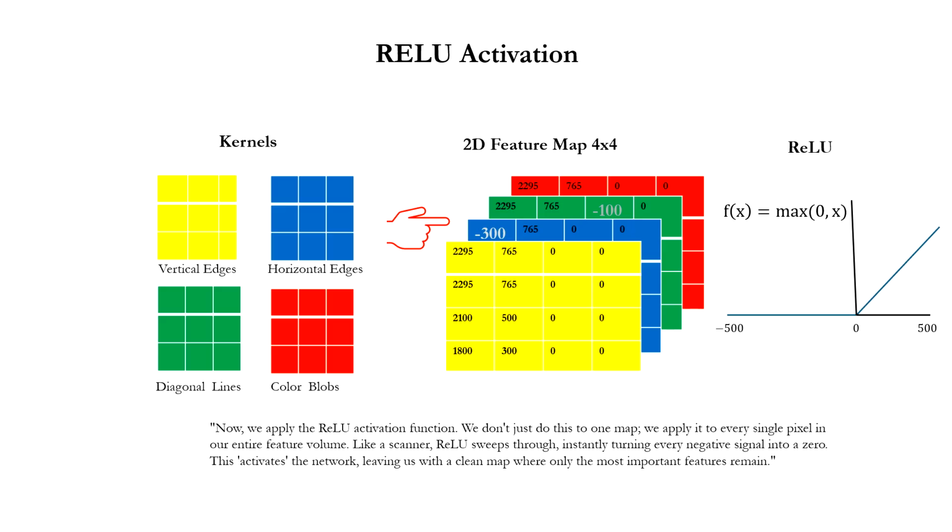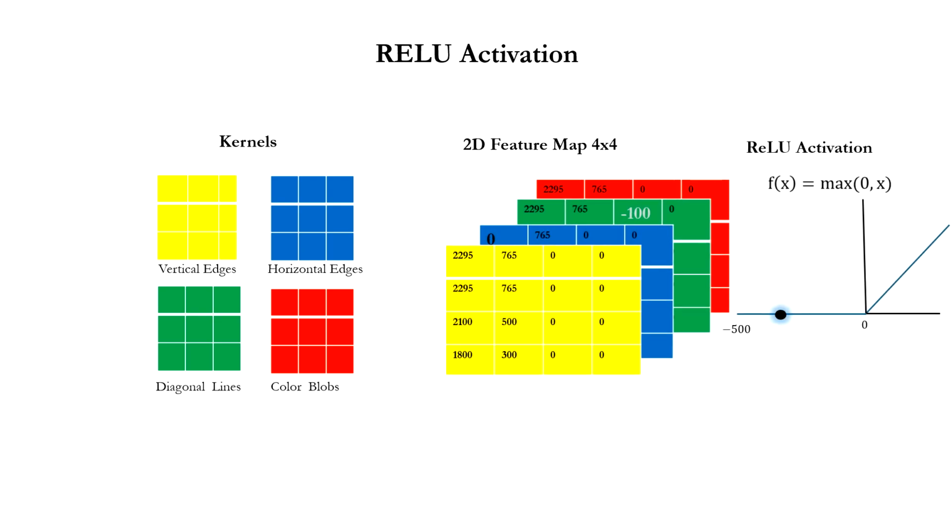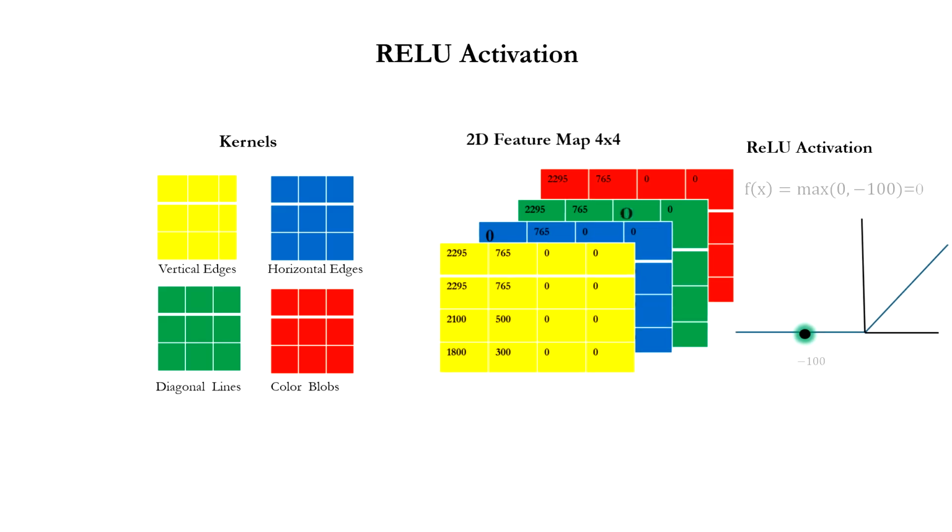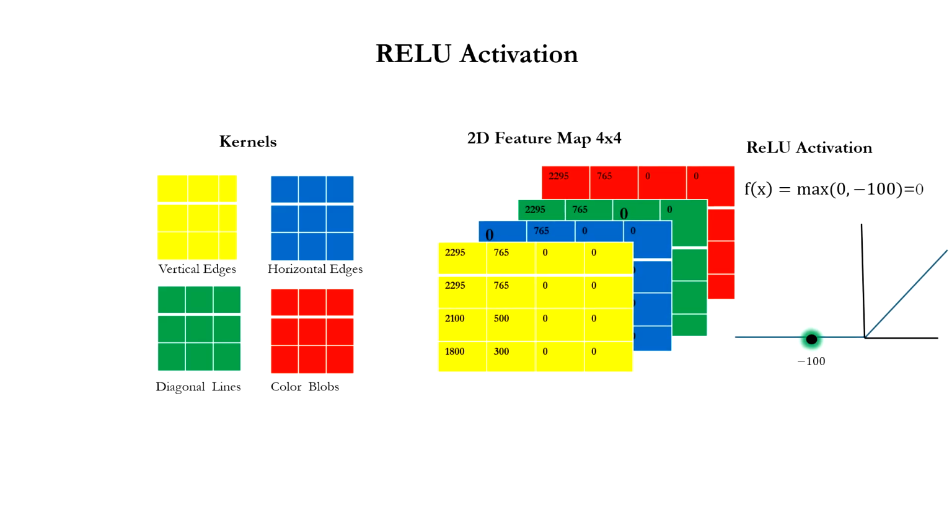So you see that negative 300, and that will go to 0. You see the negative 100, and that also will go to 0.